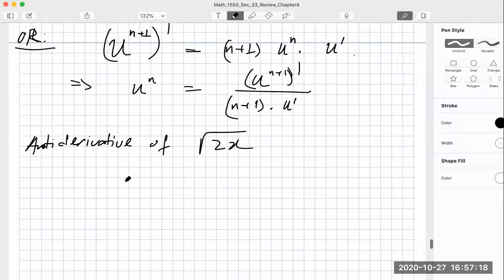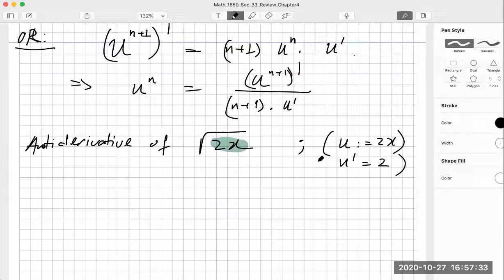It will be, if you denote u as 2x, then u prime will be 2, right?